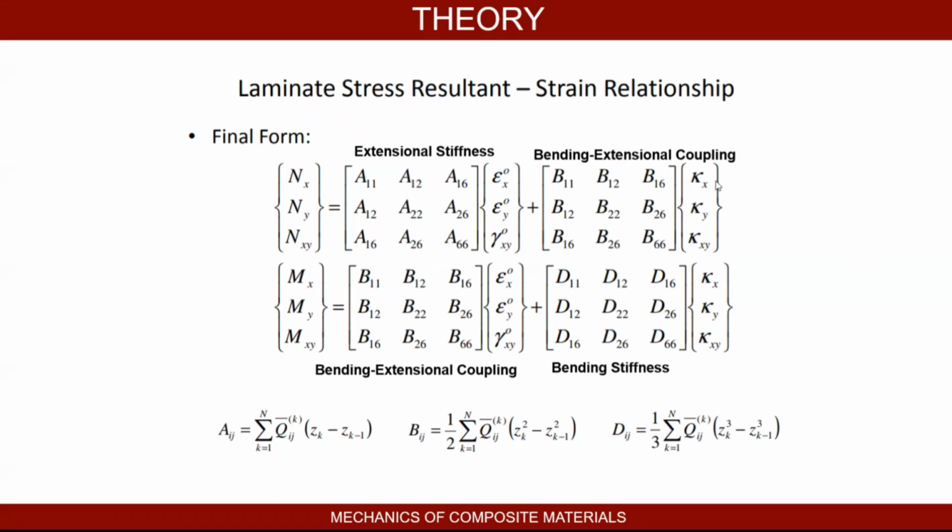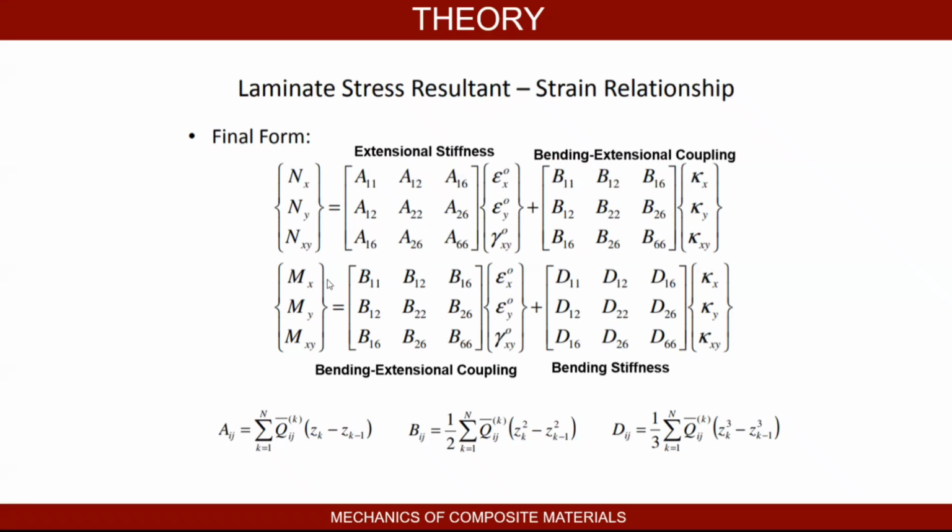So you're able to calculate the curvature through these relationships. And again, A, B, and D from these equations are a summation of the product of QBar, which we referred to before, and your Z, your lamina top and bottom as it relates to the midplane.